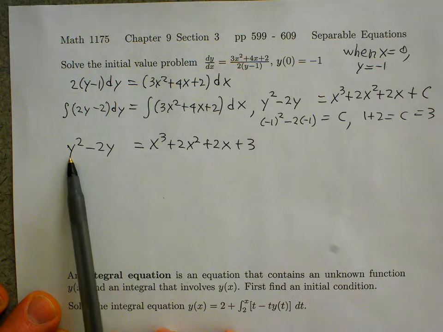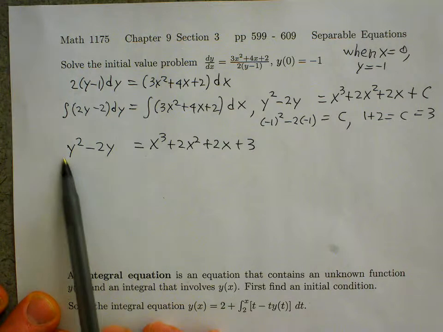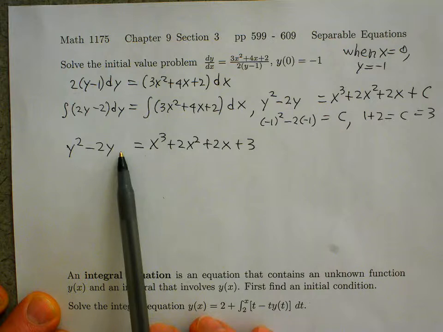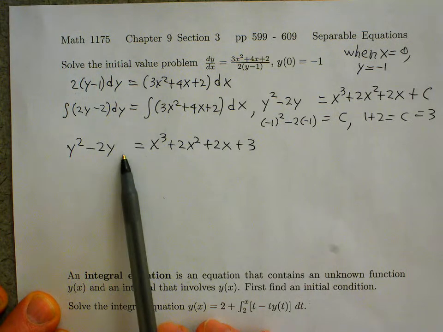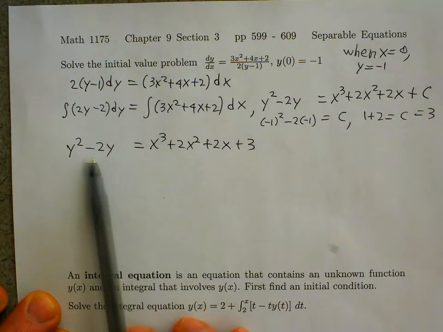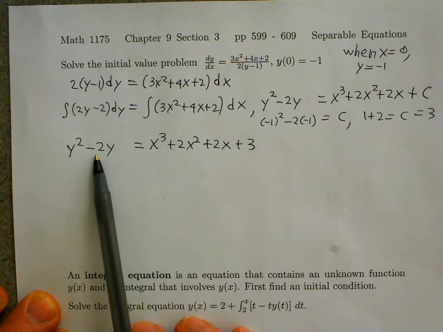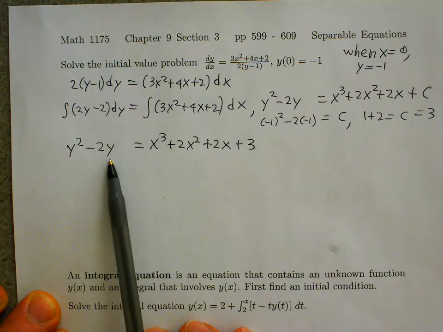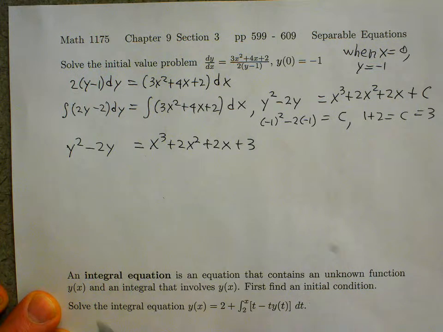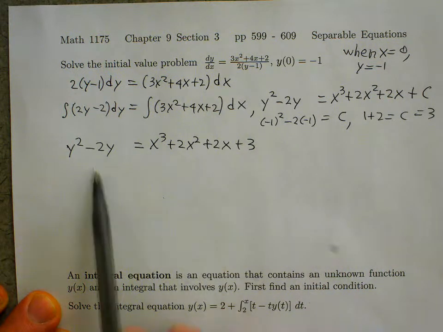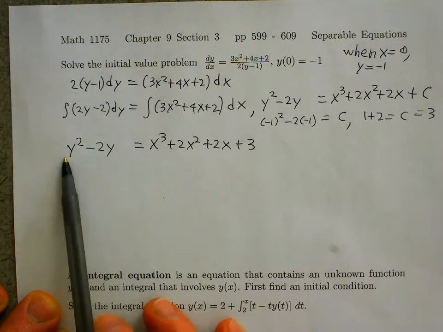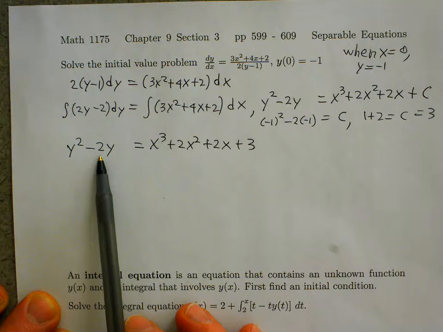Okay, so if you have a quadratic expression like y squared minus 2y, when the coefficient of y squared is 1, the way that you create a perfect square trinomial is take half of the coefficient of y and square it, and then you add that number to both sides. So half of -2 is -1.